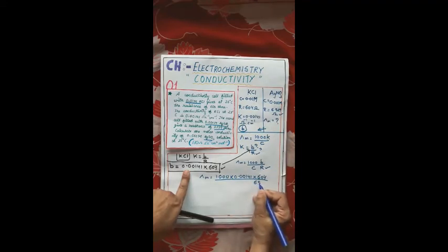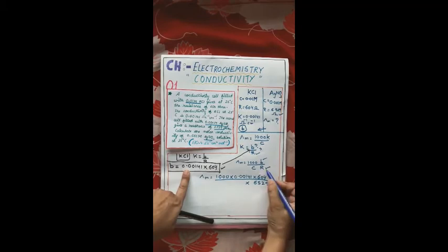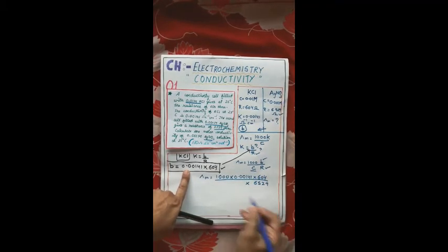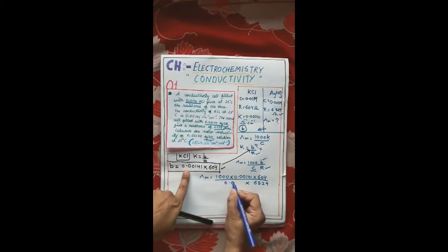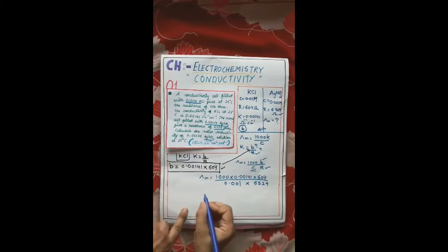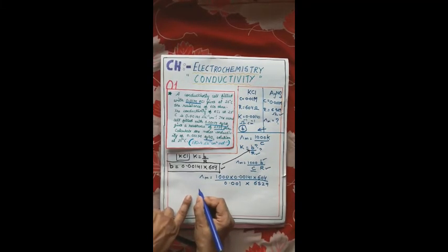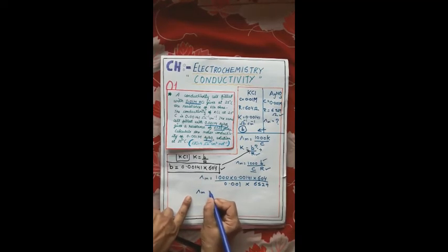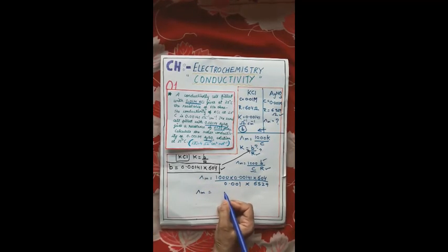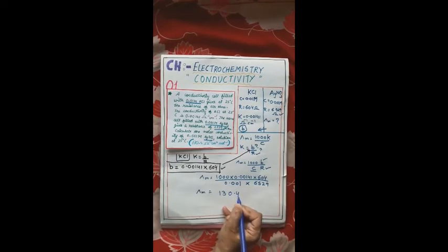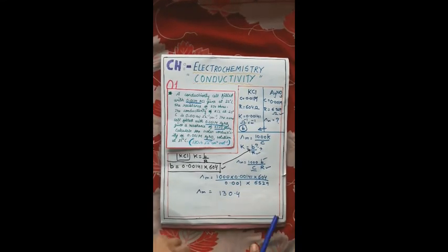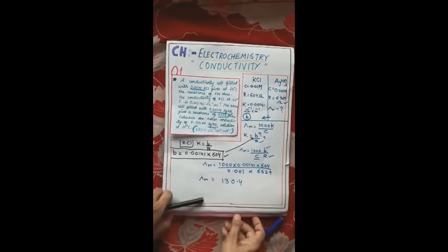It is 6529. Okay, so we wrote B, we wrote R, and this concentration is from AgNO3 section, which is 0.001. Now students, when you solve this, you will be getting answer as 130.4, and let us see what is going to be the unit of this.